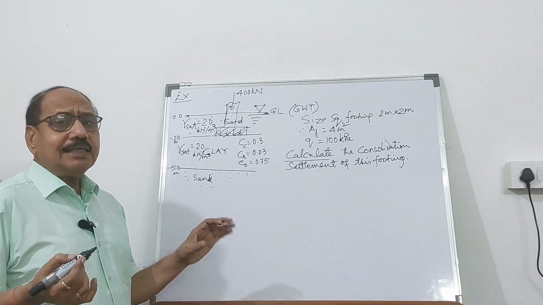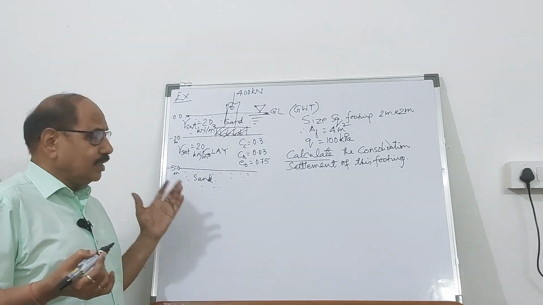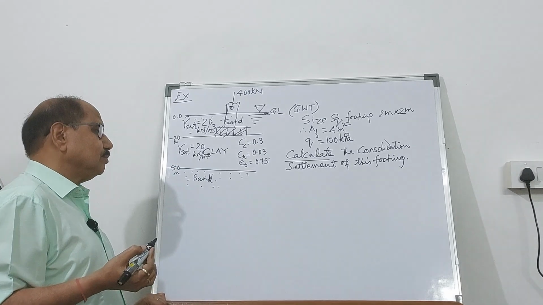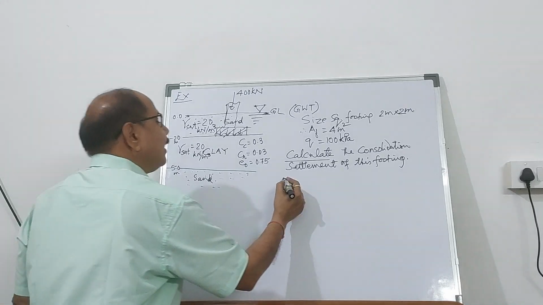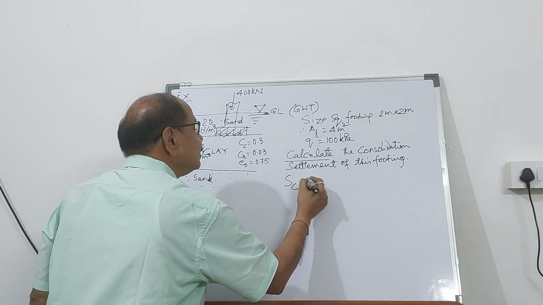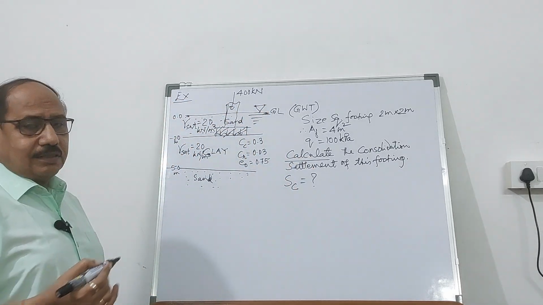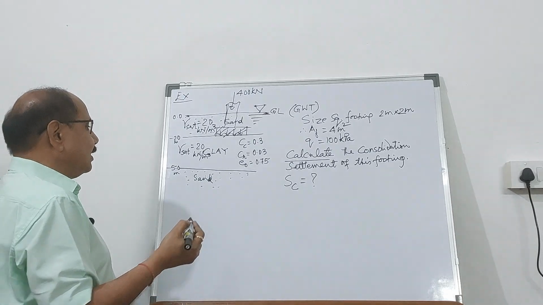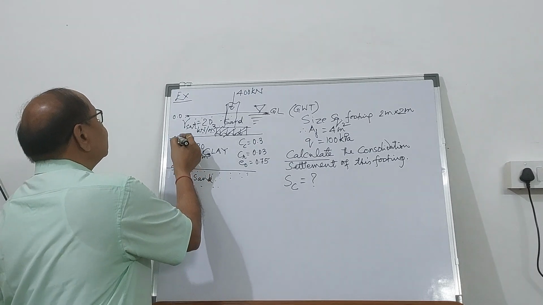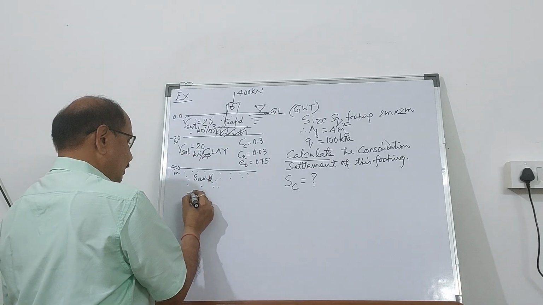So, in the theory, I've already explained to you the concept of consolidation. Now, here you need to calculate the consolidation settlement. So, how will you do this? The very first thing is that what is the thickness of this clay layer?